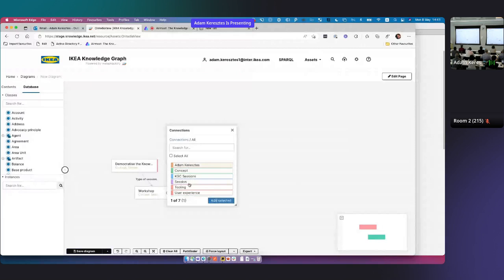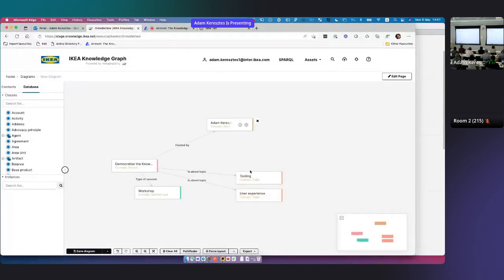So we have Adam, we have tooling user experience. So this is essentially just a way to show that this is the level of intuitiveness we need when, for example, you have a subject matter expert that says, for a sofa, what kind of product categories are good as recommendations for this sofa, right?